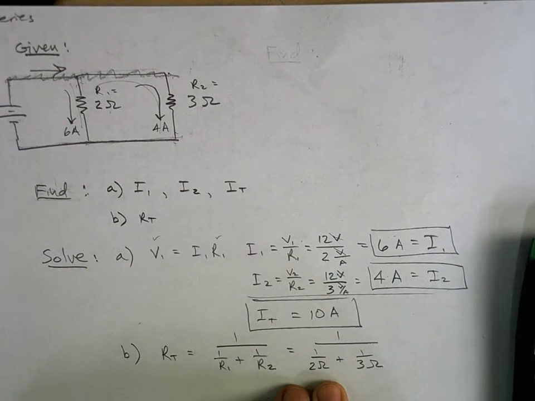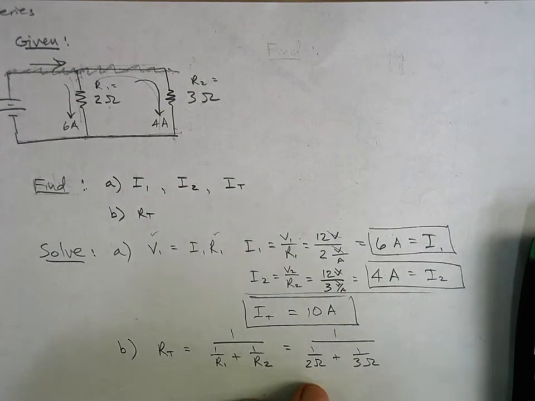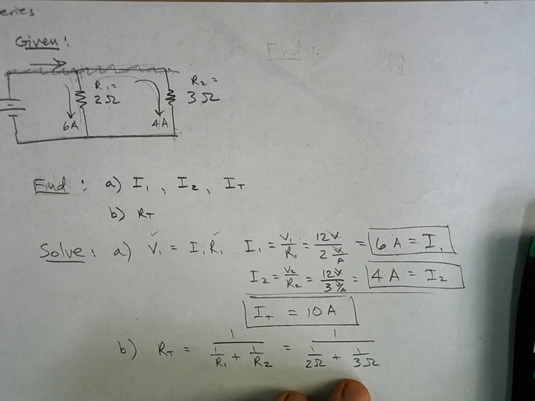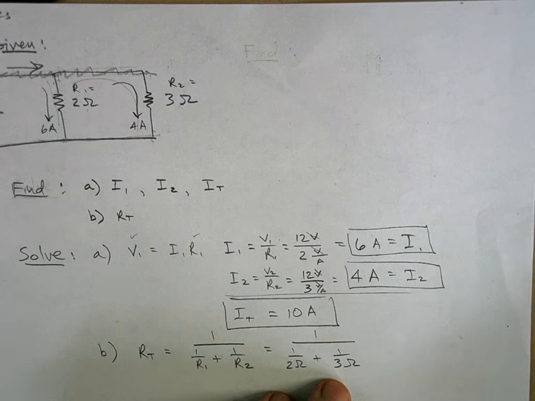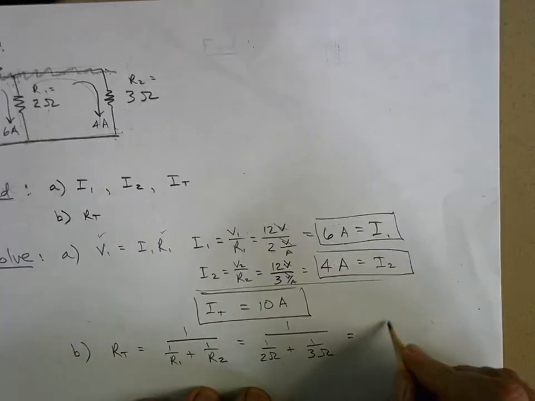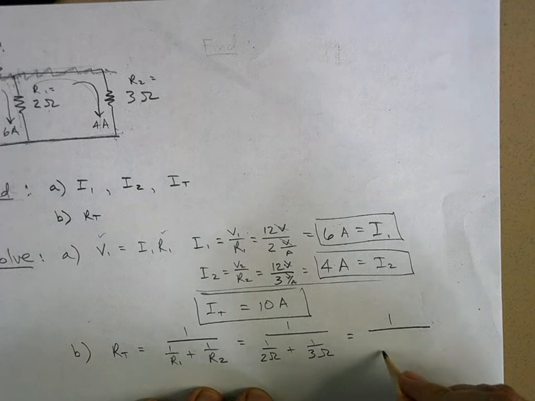So here's what I'm going to do. I'm going to say 1 divided by 2. Ooh, it's 0.5. Plus, parentheses, 1 divided by 3, close parentheses, equals, and I get 0.833. So what this is equal to is 1 over 0.833.